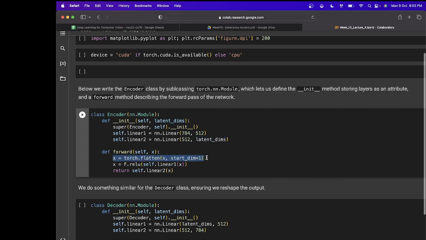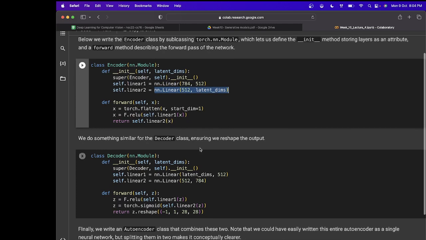You first take the image, which is 28 cross 28, flatten it to convert it to 784, then add the linear 1 layer, which converts your 784 to 512, add the ReLU on top of it to add the non-linearity, and then finally return self.linear 2, which is the 128 dimensional vector.